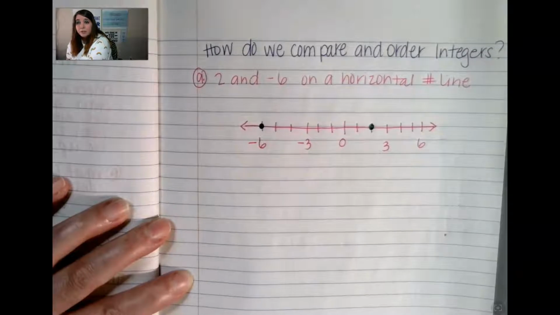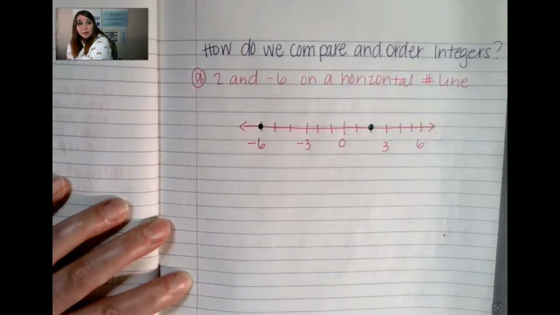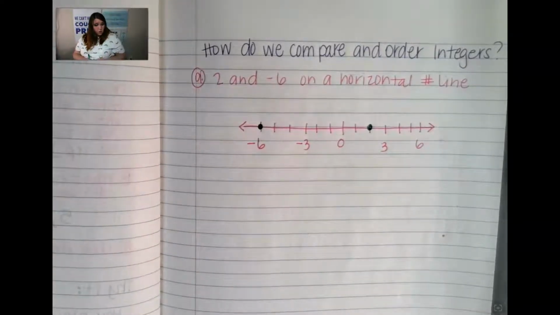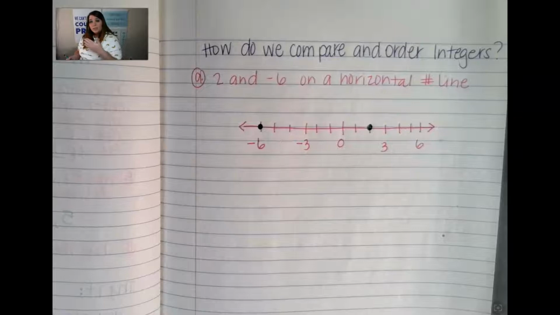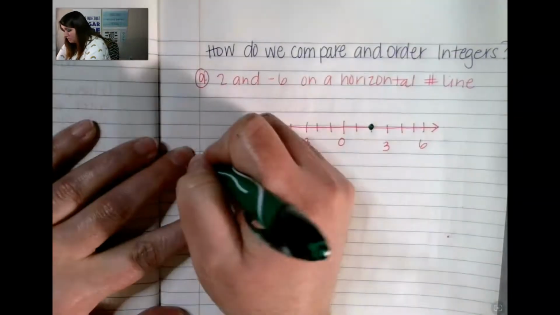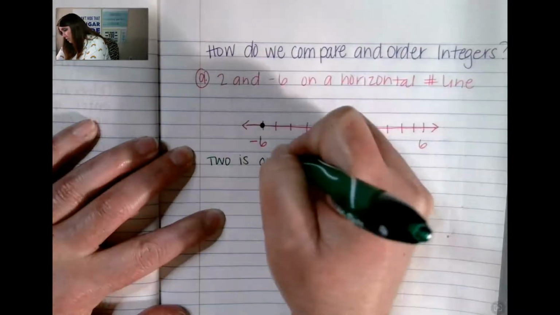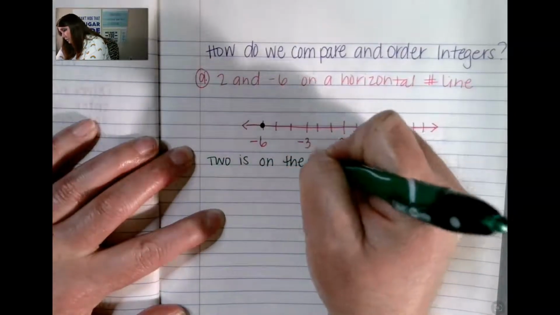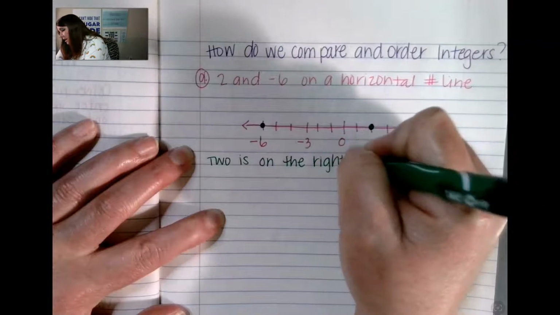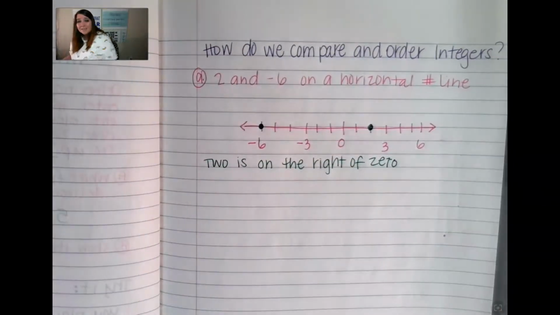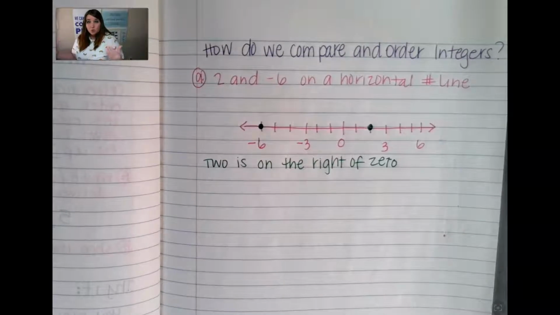Now, our job is to compare these two numbers. We compare them with less than or greater than symbols. So, because 2 is to the right of 0, it means that the 2 is greater than.